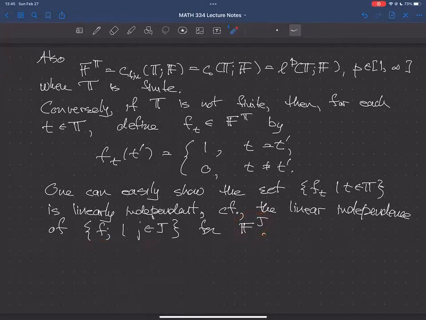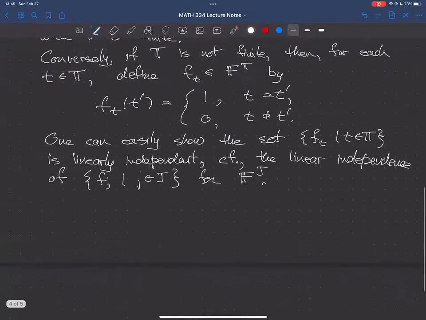This is exactly the same construction, right? J is just being replaced by t. And so you can go back there and see that the set of vectors is linearly independent, and so therefore, by the exact same reasoning, so is that one. All right.